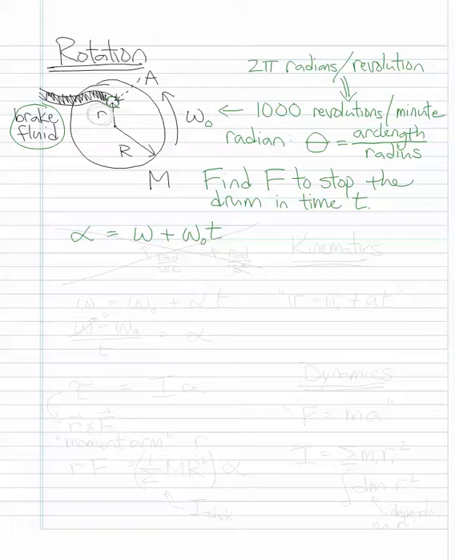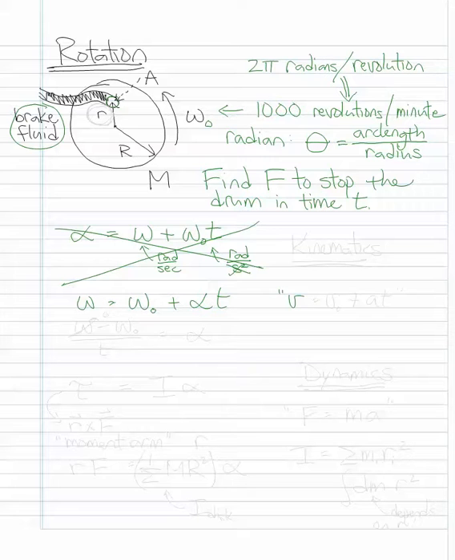Wait, that doesn't feel right to me. So if these are in units of radians per second, then when I multiply by a t, I would get radians per second squared. No, I get radians. Oh no, that's not right. Okay, let's try this again. So here we go. Omega is equal to omega naught plus alpha times t. That's right.